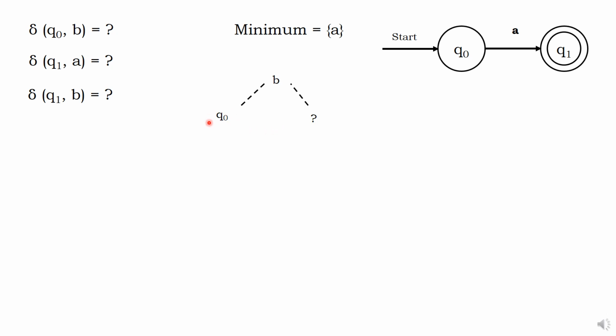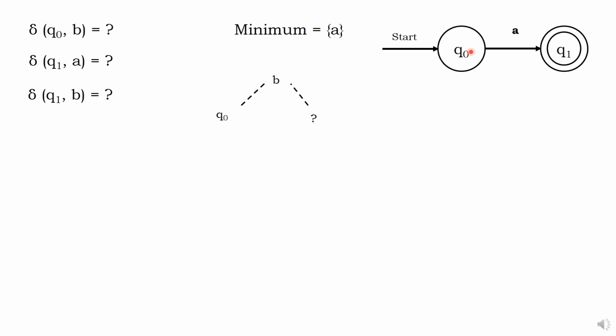Now, for Q0, what is the previous alphabet, and what is the next alphabet? For Q0, the previous alphabet: nothing is there, so leave it.